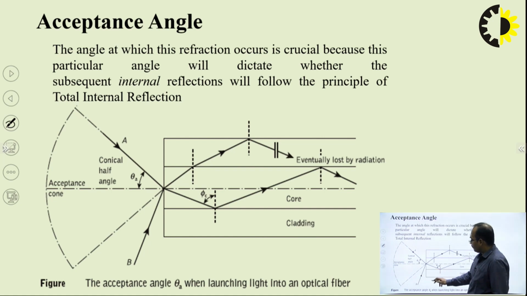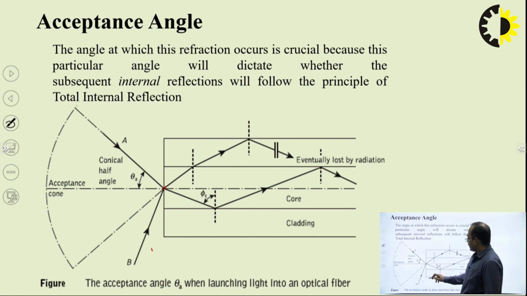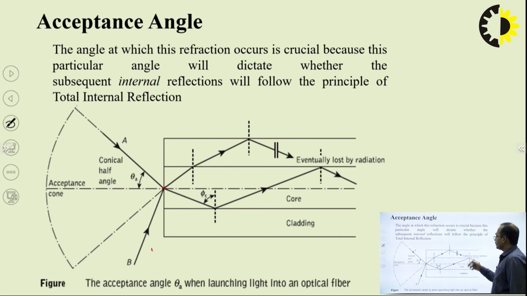This is the angle of incidence, where light is entering at this point. So what is the acceptance angle? Acceptance angle is that angle at which the refraction occurs.